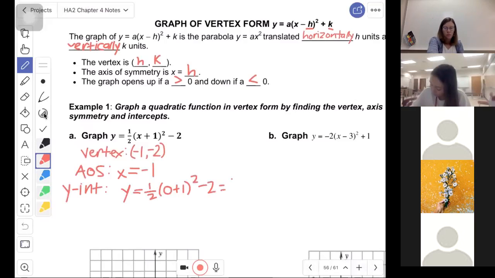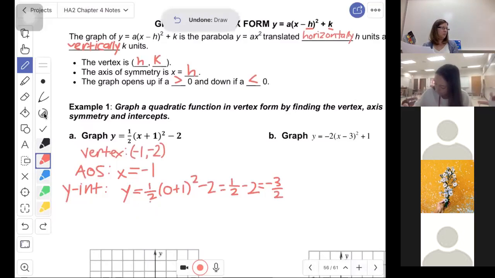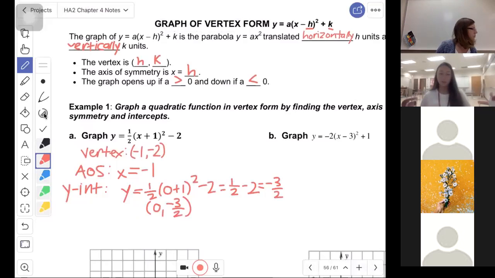So then this is just 1/2 minus 2, which is -3/2. So our y-intercept is (0, -3/2). Make sure you are writing it as an ordered pair. We set x equal to 0, and then got our output.